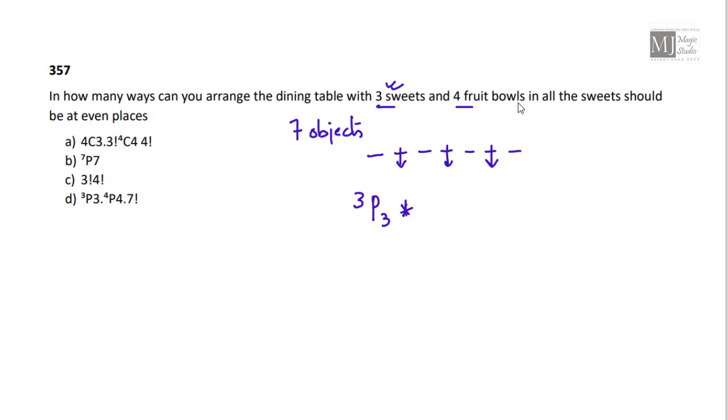Now we are left with 4 fruit bowls and we have 4 odd places where we can place these 4 fruit bowls. In how many ways? 4P4 ways. Now, what is 3P3? 3P3 is factorial 3 and 4P4 is factorial 4. Option C matches.